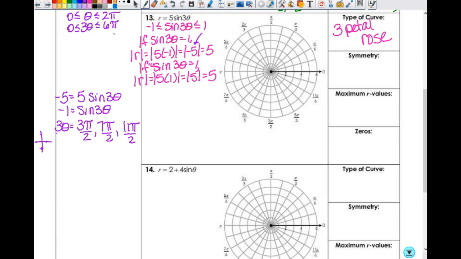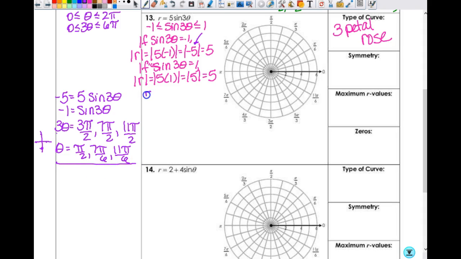Okay, so 3 theta has to go from 0 to 6 pi because I'm about to divide everything through by 3, and when I do that, theta has to be between 0 and 2 pi. Does that make sense? So this number just tells you how many times to go around the circle. You can think about it that way. All right, so we get that theta is equal to, well, 3 pi halves divided by 3 is what? Pi halves. And then 7 pi 6, and then 11 pi 6. Okay, so there are my thetas for that negative 5.